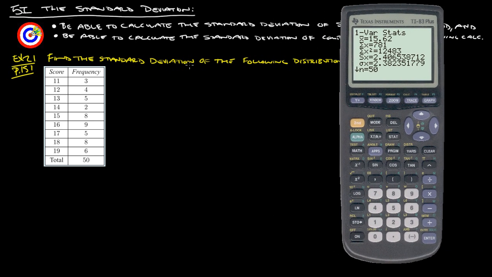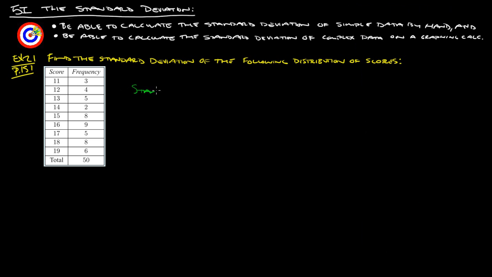Okay? So, again, we're going to assume that these are all the possible scores, so we're going to take this one down here. I call that the super O. Again, I know that it's got an actual name, but I like super O better because it's like an O with a little cape on it, so it's super O. So our standard deviation then would be 2.382.